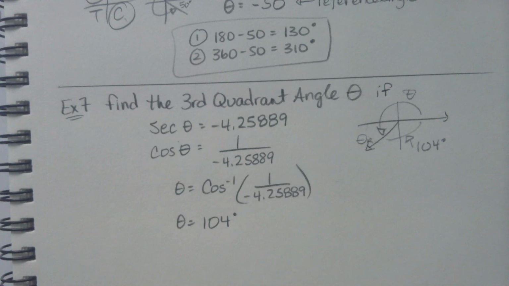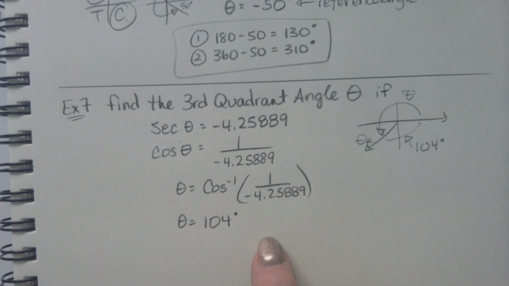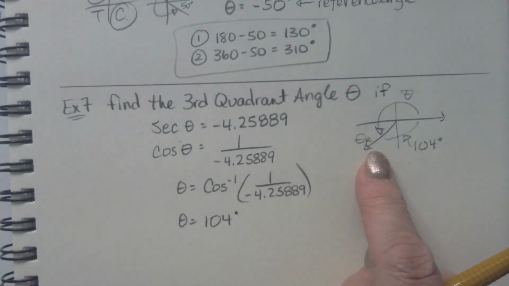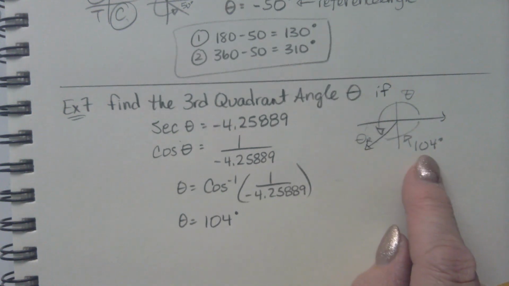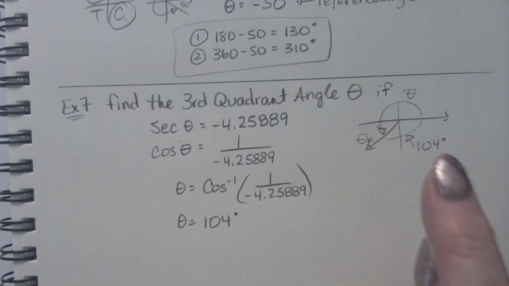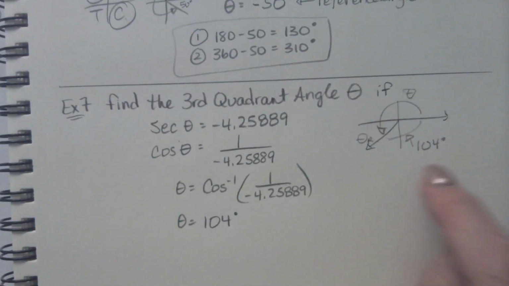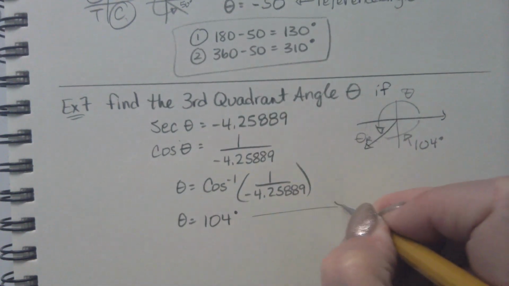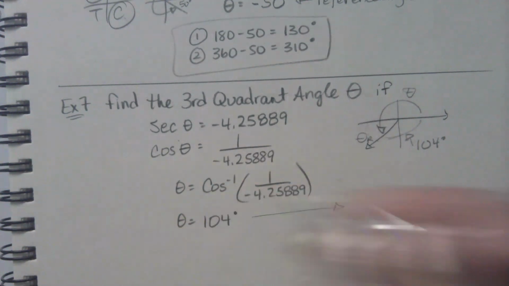It's negative because of the CAST rule, right? Because is this thing negative in this quadrant? Yeah, tan's the only thing that's positive in that quadrant. And remember, reference angles generally are not negative, so it gave us the other angle. So now, how am I going to use this 104 to get me the actual angle that I want? So this is not even the angle that I want.